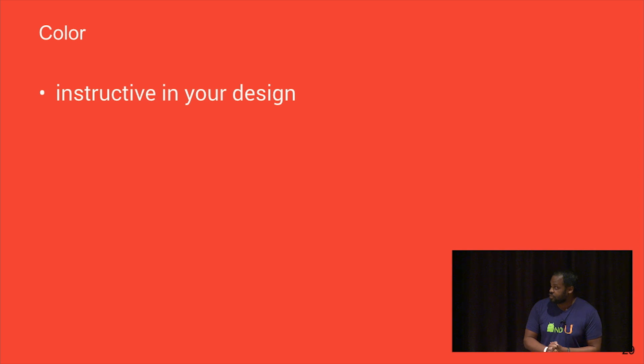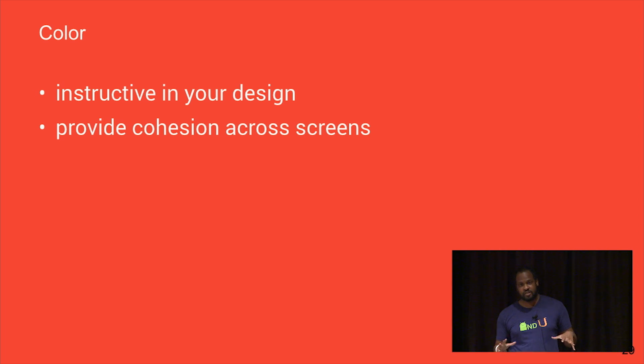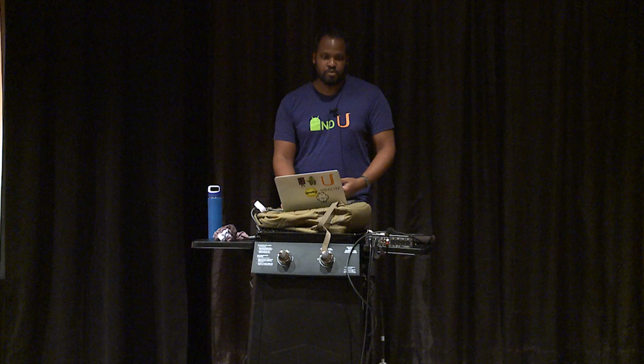So another thing that you should be using in your design is great use of color. Color provides cohesion across screens. It makes us kind of feel things. In certain countries, certain colors are not as good. And it's kind of the same in the US, where if you see a red, you might think to stop.